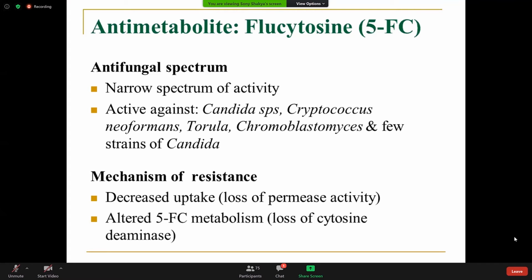And next, even if it enters inside the cell, sometimes a few of the fungi might lose their cytosine deaminase property. So there won't be deamination of 5-flucytosine and no conversion into 5-fluorouracil. So these two might be the reasons behind the resistance developed against flucytosine.